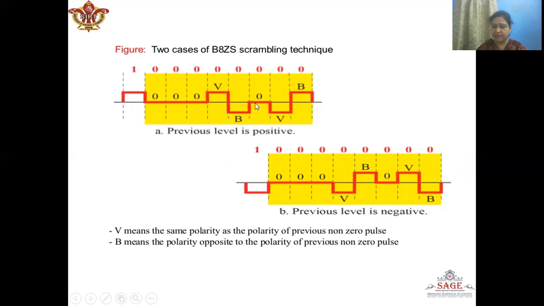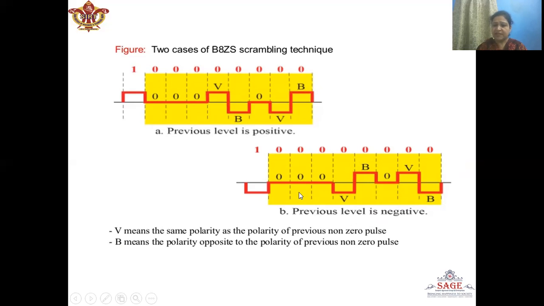Then 0 will be represented by 0 voltage level. Then V means violation. So because the previous was negative voltage level, the violation bit will also be negative voltage level. Then B means bipolar alternation, so it will give positive voltage level.